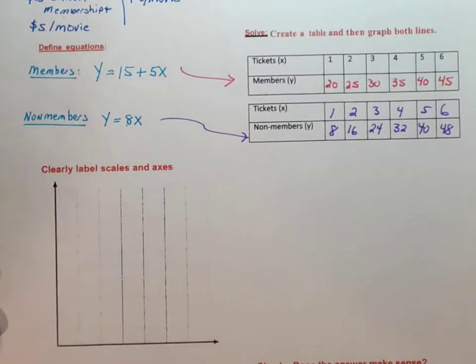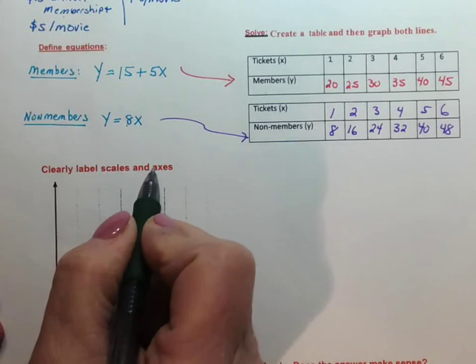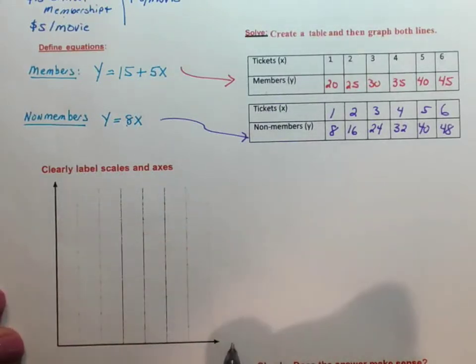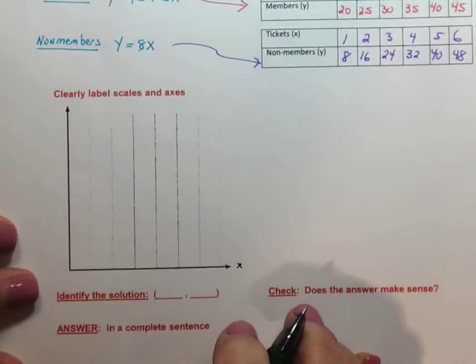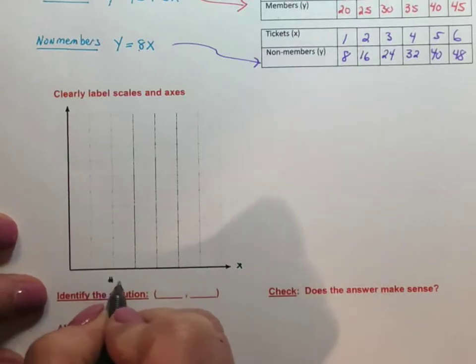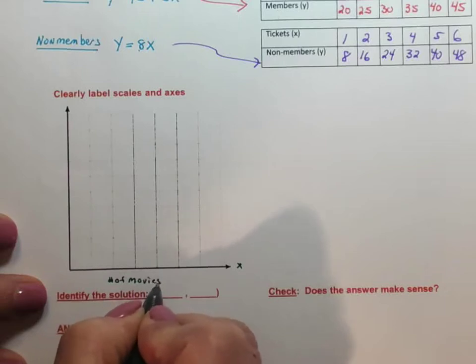Now, whenever you do a graph, I want you to make sure that you label the scales and the axes clearly. Okay? So the X is going to be the number of movies.